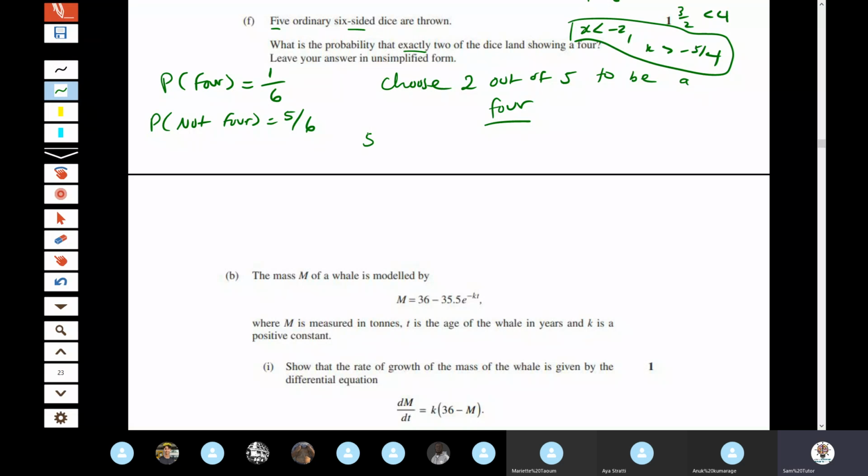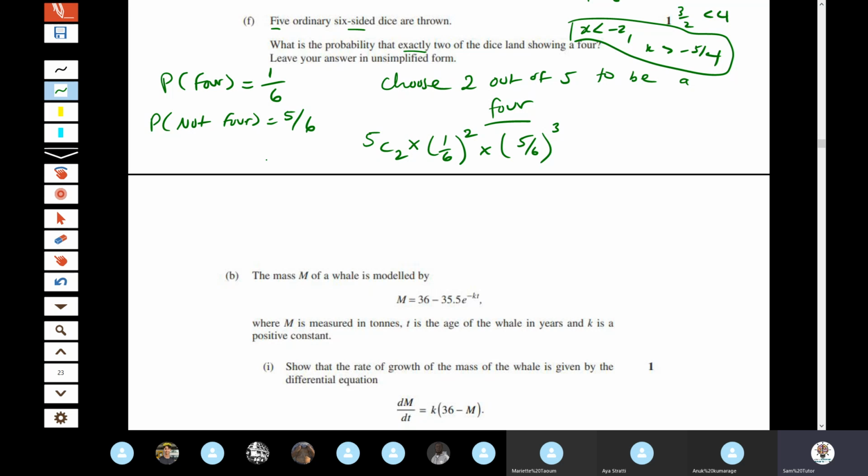So pretty much any 5, you're going to choose 2. That's the amount of ways that you could pick them. Times, you want 1 out of 6 times 1 out of 6, which is squared. And then you want the other 3 to fail, to get you not a 4. That's power of 3.